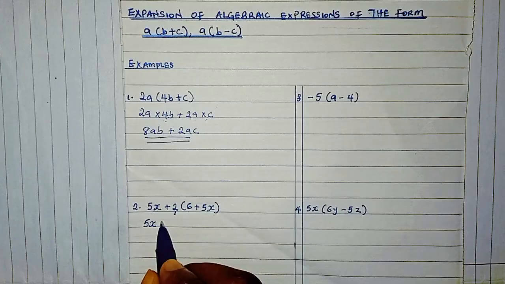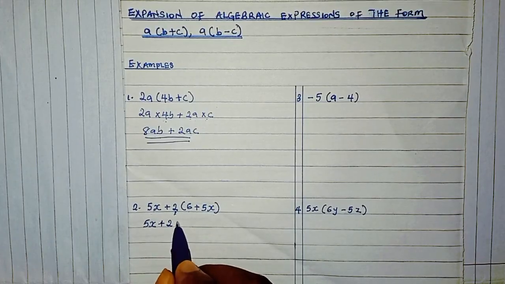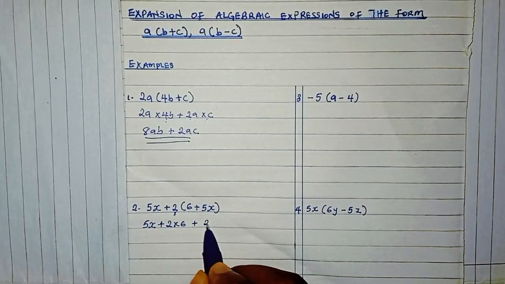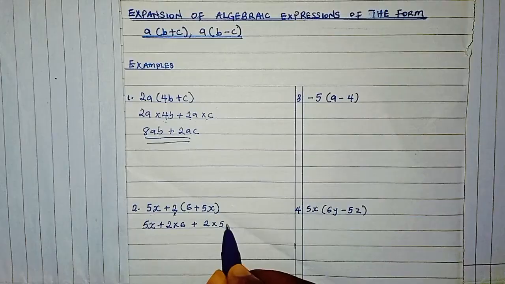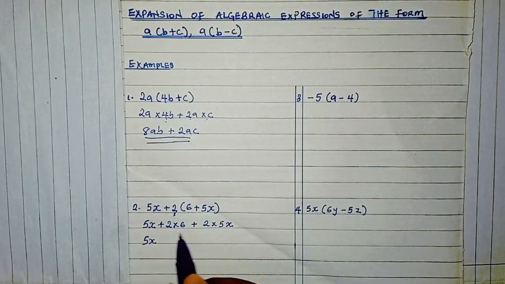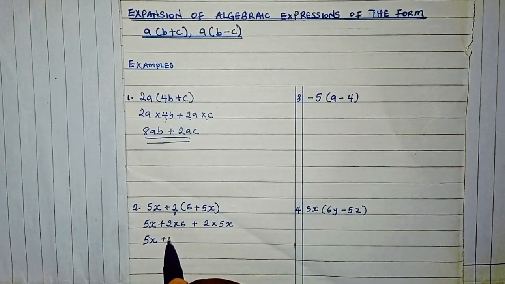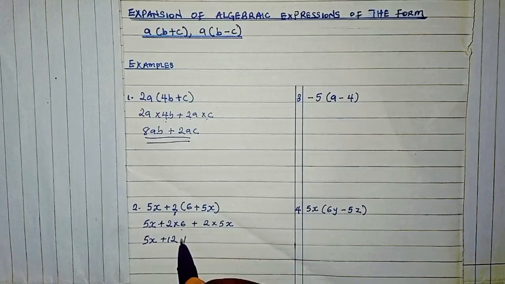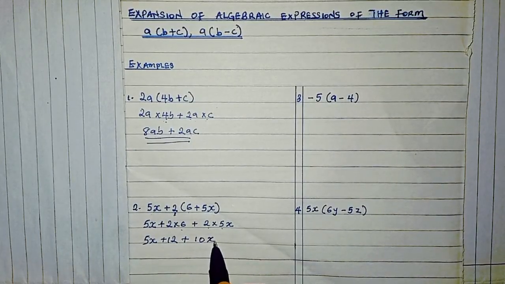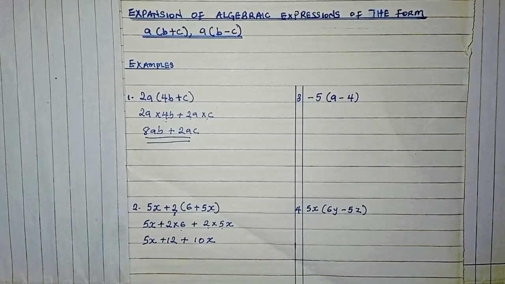5x plus 2 times 6 plus 2 times 5x. So we have 5x, 2 times 6 is 12, plus 2 times 5x will give us 10x. Now here we have the ones that are like terms.